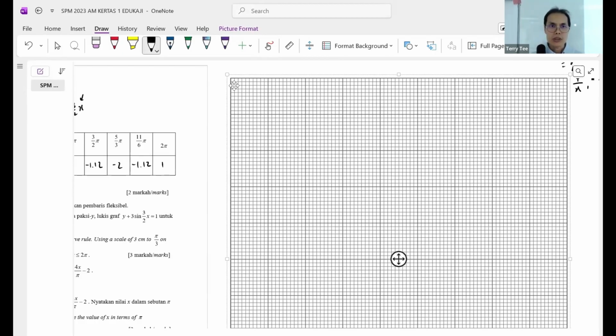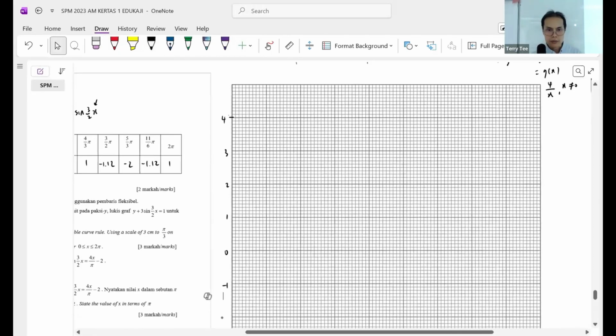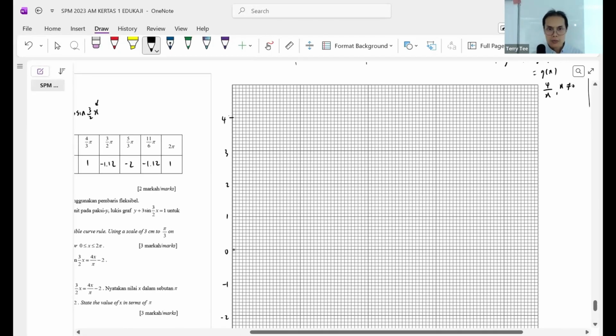So maybe I just draw here. This is 4, 3, 2, 1, 0, negative 1, negative 2. Okay, I go down a bit, negative 2. Okay, so I start with the horizontal line here. So this is your vertical line. Sorry, my line not so straight.